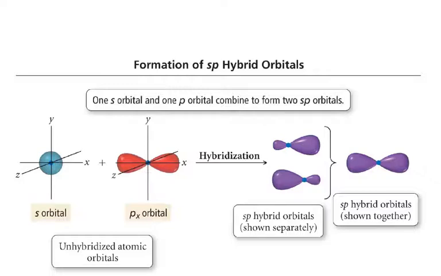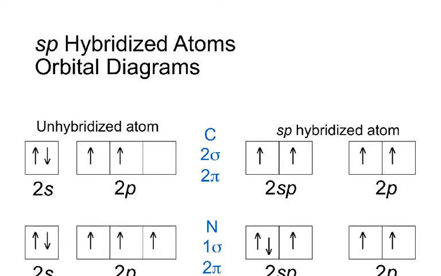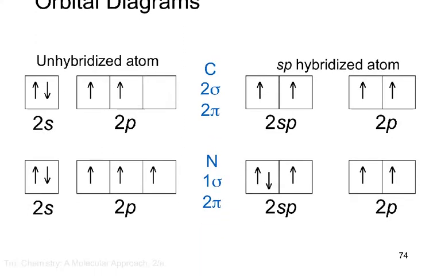And then we have p orbitals going like this, and then coming out and going behind to form the triple bond. So for carbon, we're going to see this where we can form the sigma bonds with our sp's, and then the pi bonds with these half-filled p orbitals. Nitrogen here has a lone pair, can form 1 sigma and then 2 pi bonds.